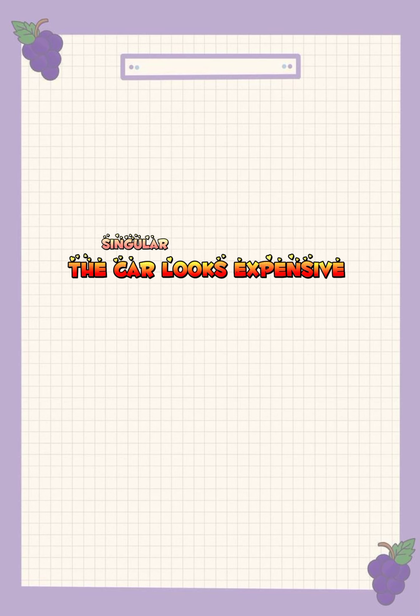Now, our verb agrees with our subject. The cars look expensive. Now, compare this to the car looks expensive. When our noun is singular, our verb needs to include an S. In these examples, the noun and the verb agree in opposite ways.